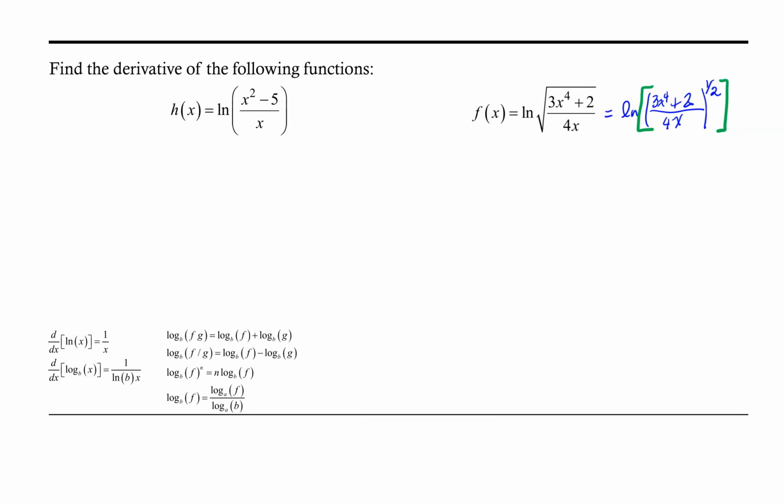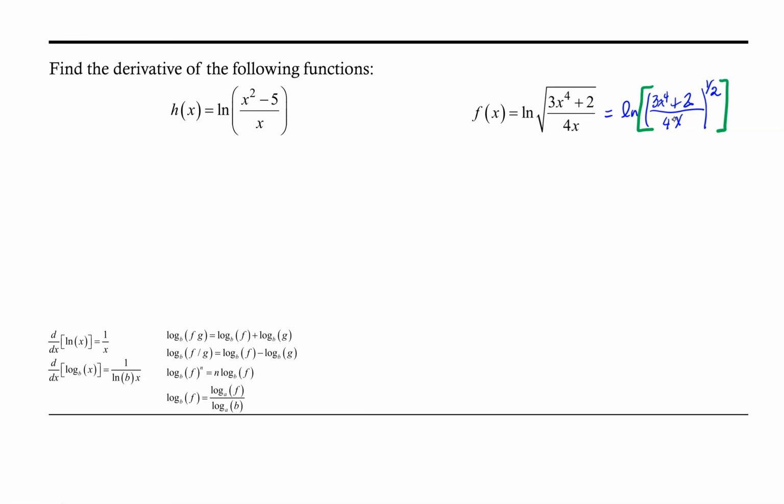We'd have 1/2, when we took the derivative of the argument, we would have 1/2, leave the argument alone, negative 1/2 power, then we'd have to take the derivative inside that root, and that involves the quotient rule. So this is going to get rather messy rather quickly.